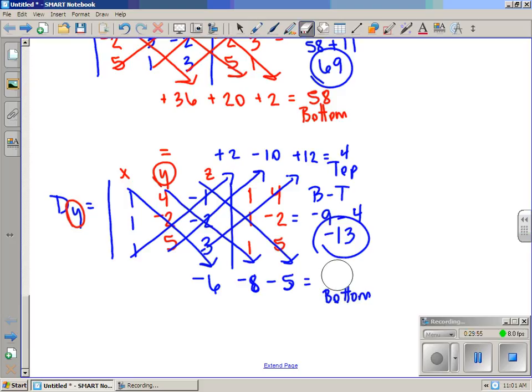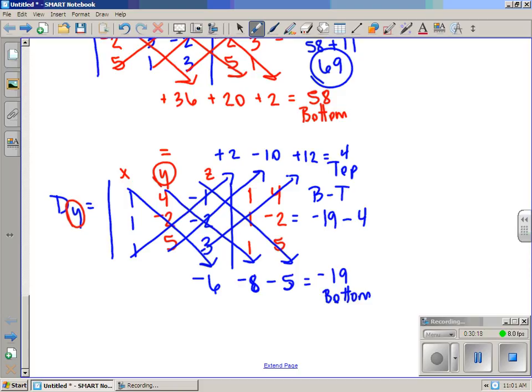Which makes our bottom number, let's go ahead and change that. Negative 6 plus negative 8 plus negative 5 would be negative 19. Now our bottom would be negative 19 minus our top, which is 4.